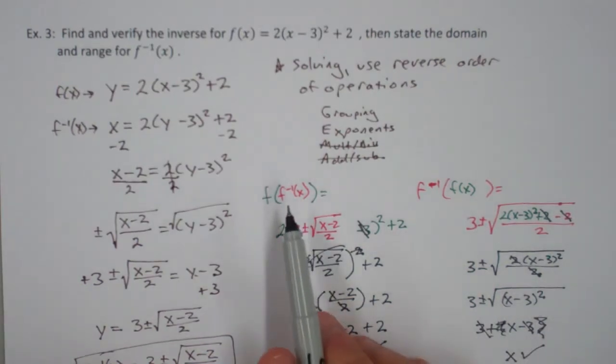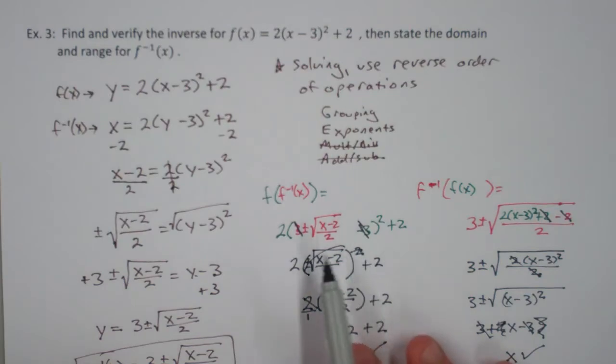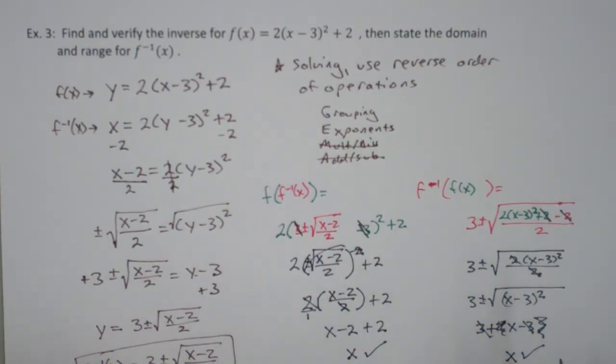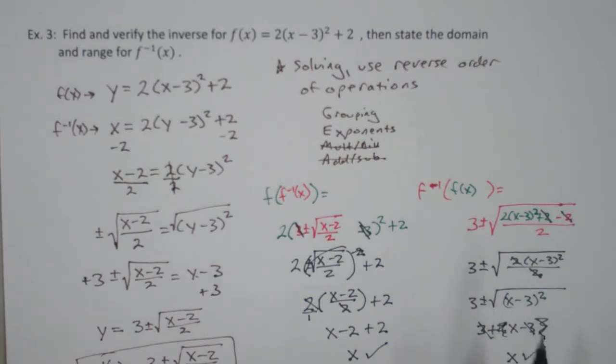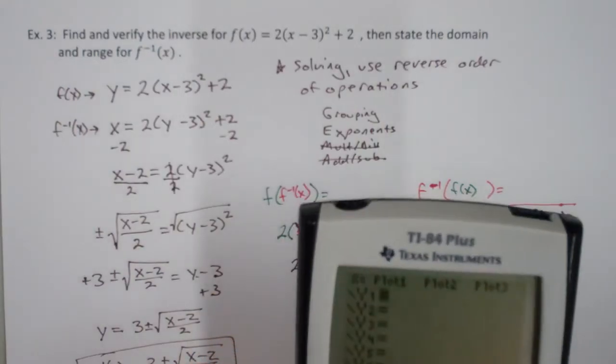So what ends up happening when we compose each one of these functions together, these inverses and the function and the inverse together, this one's actually not a function, then what we'll get is we'll get x, and that's what we're looking for. To do the domain and range, you can either graph this thing or you can reason through it a little bit, but let's go ahead and graph it and see what's going on.